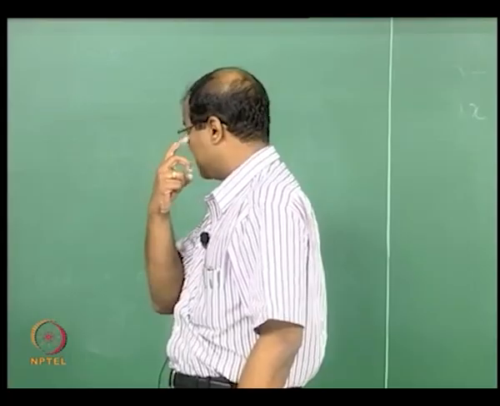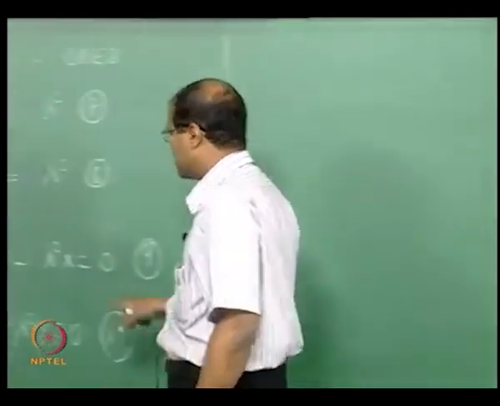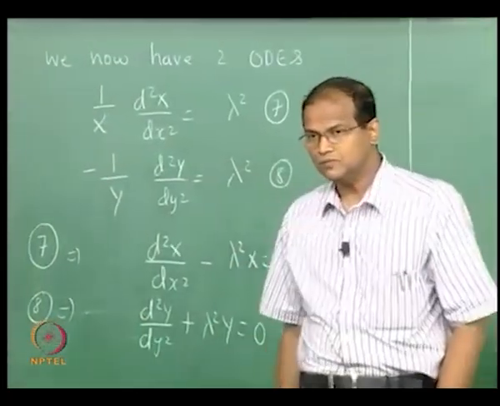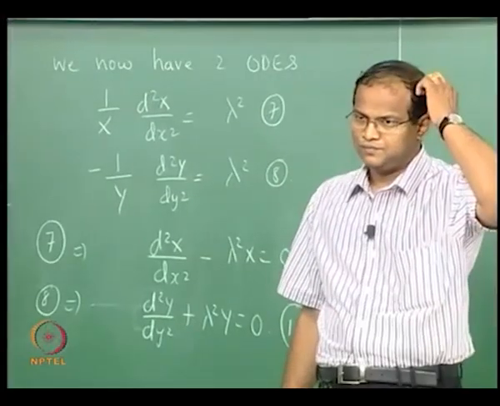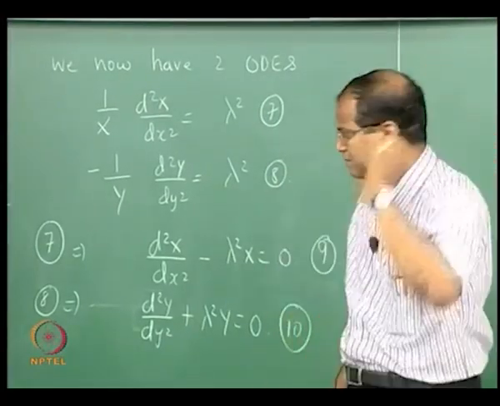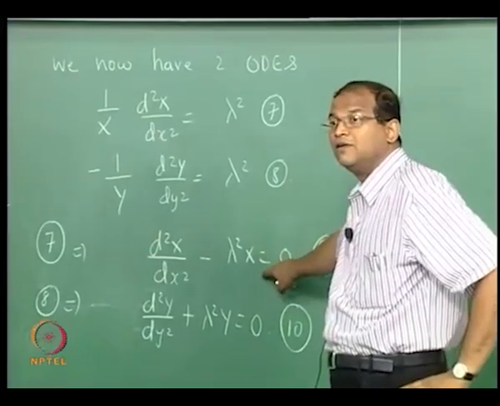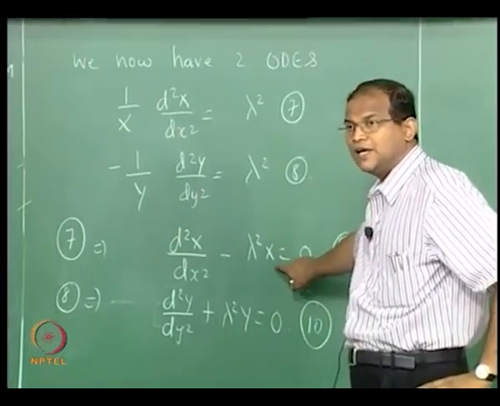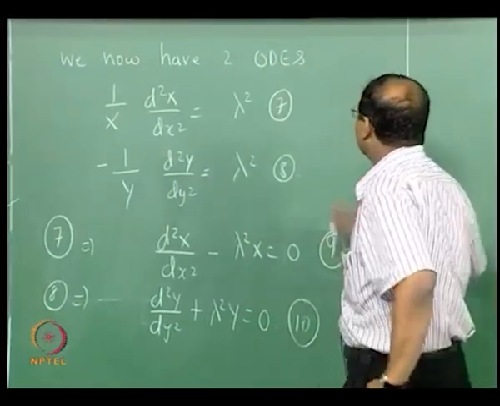Now if you put it as minus lambda square, what happens to this? What is the solution to that? E raised to, okay. Now let us look at the boundary conditions.